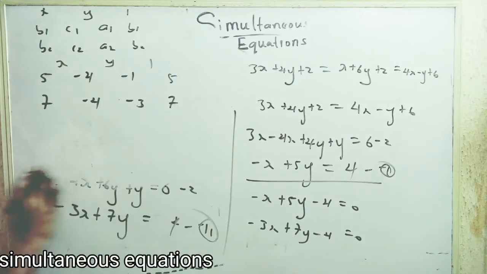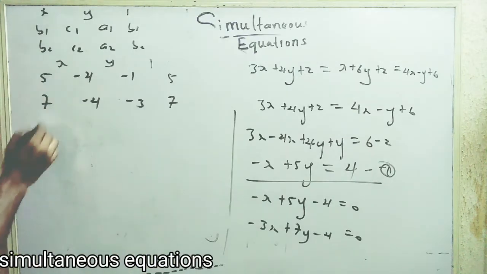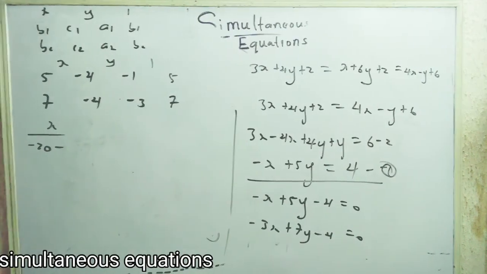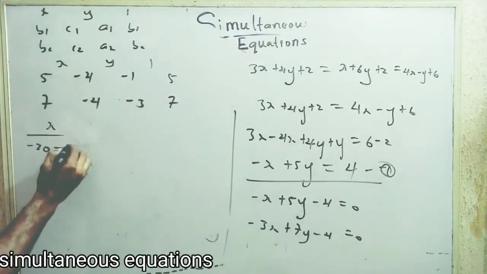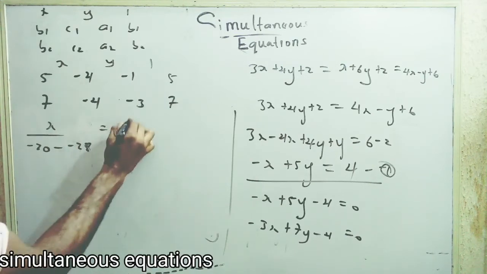Now it's time to cross multiply. So I have 5 times minus 4, which is 20, so I have x on top, minus 20, minus 7 times 4, which will give me 28. So that should be minus 28. So this again, I have y.